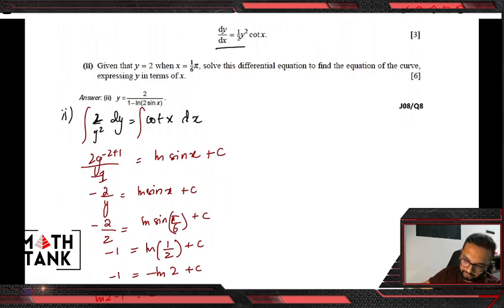I need y in terms of x, so minus 2 over y equals ln sine x plus ln 2 minus 1. These two can be combined.